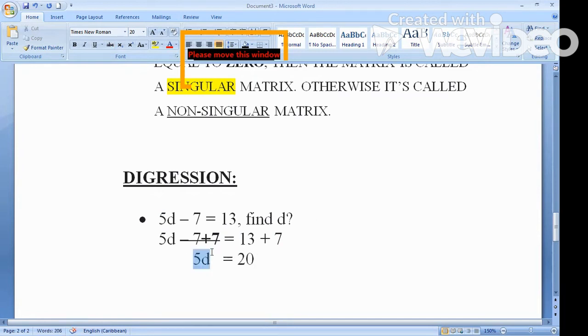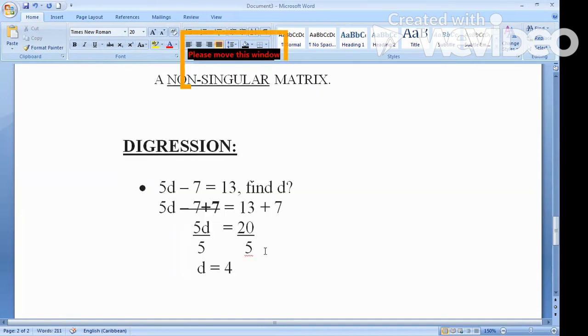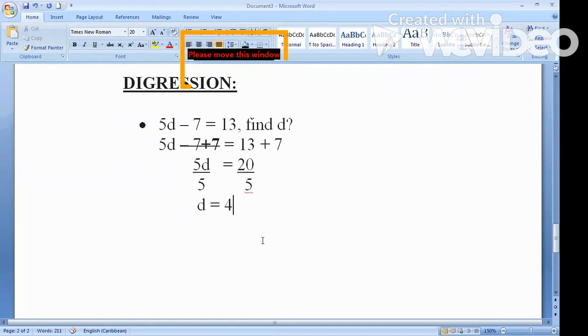And then we just divide everything by 5. As you correctly said, d is 4. Everybody get that?